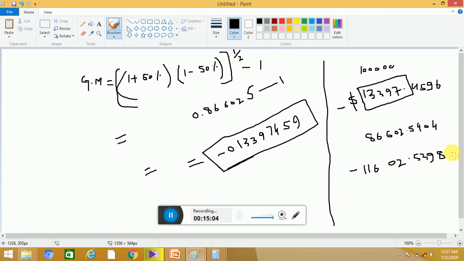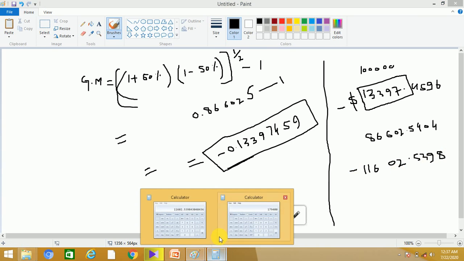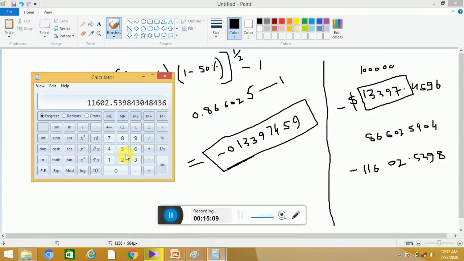So this is the loss for the second year. So what will be our amount?